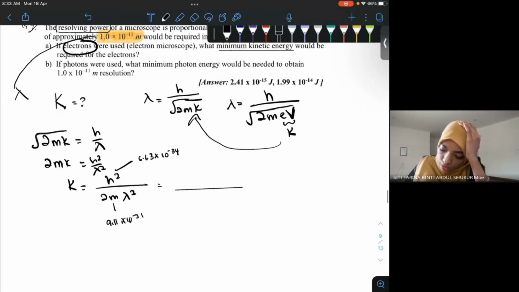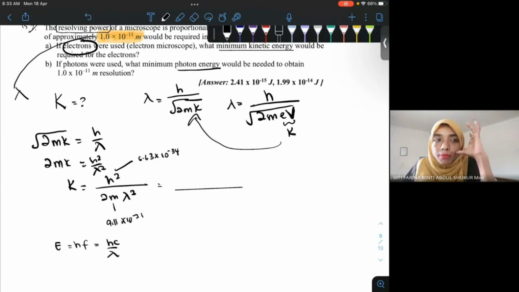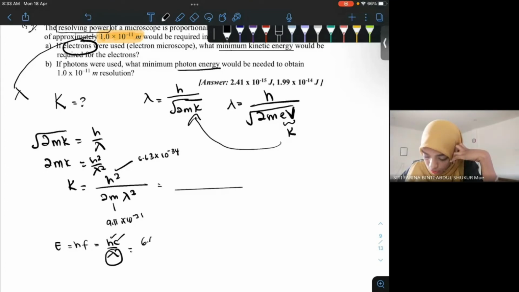So photon energy equation dia adalah E is equals to hf ataupun hc over lambda. Okay, lambda is given in the question, so you can find your minimum energy of your photon. h constant, c constant, lambda sudah diberi dalam soalan. So you simply put all the value in and press your calculator. You will get the energy of photon.